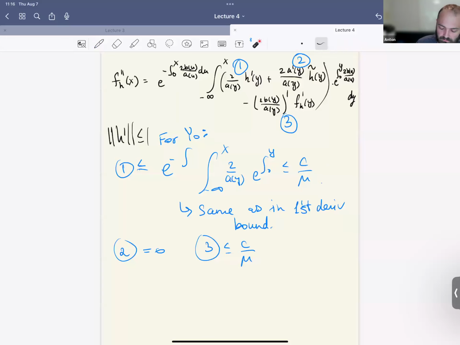Okay, so again, what are we doing? We use this special expression for the second derivative, and that reduces all of the derivative bounds to the same. We can show them using the same technology as in the first derivative case.